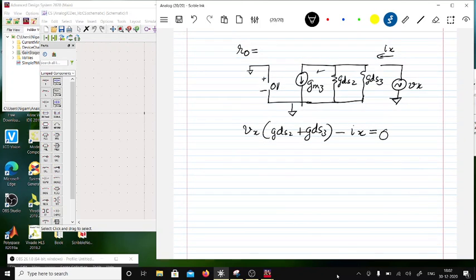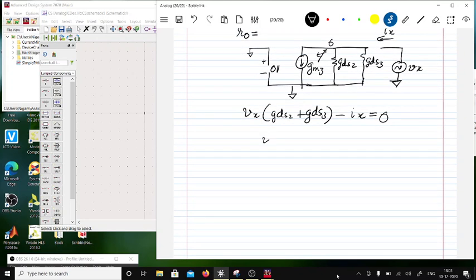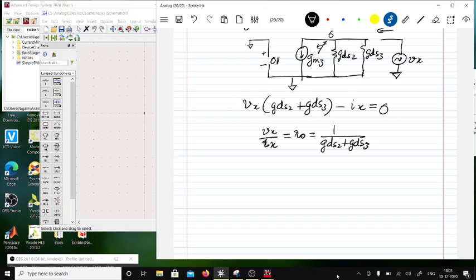The net current flowing in here is anyway 0 because the input voltage is 0, right? So that makes Vx by Ix equal to RO, which will be equal to 1 over GDS2 plus GDS3. Okay, so this would be the output resistance.